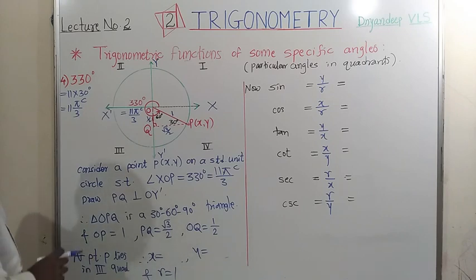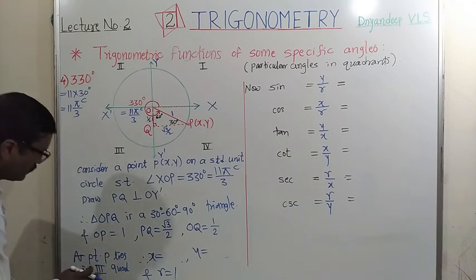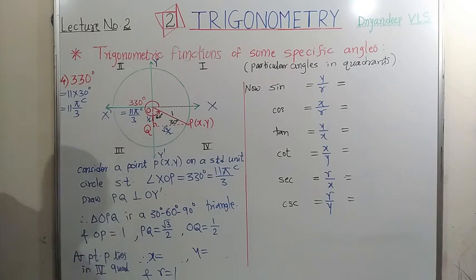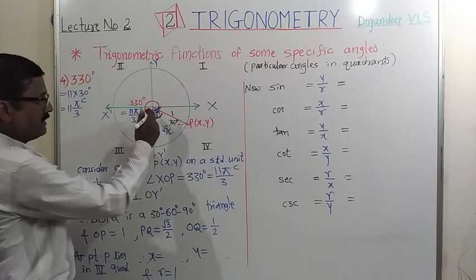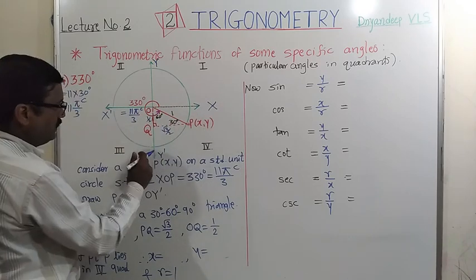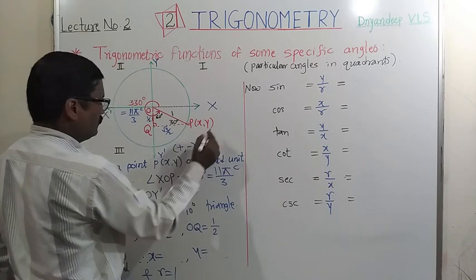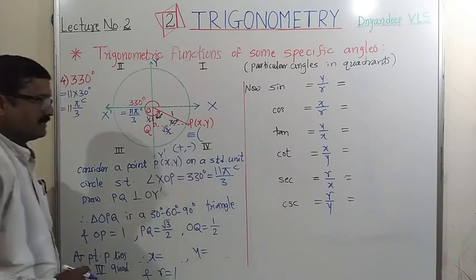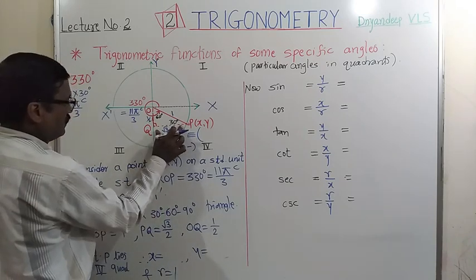But the main important point to remember here is that point P lies in the fourth quadrant. So in the fourth quadrant, the coordinates of P are: x is positive, y is negative. So we get P: its x coordinate is positive, and x is this root 3 upon 2.